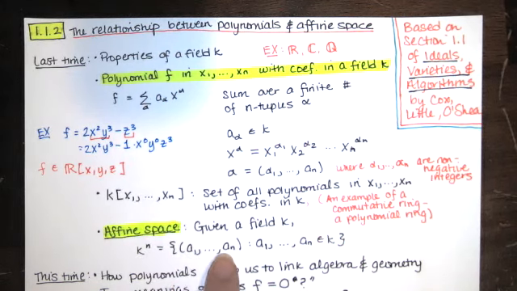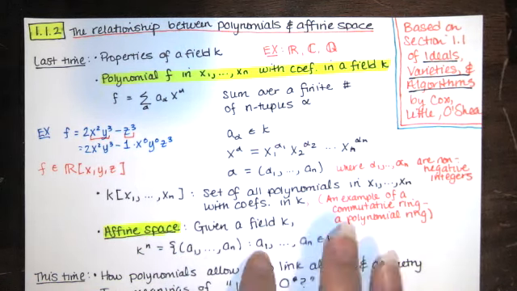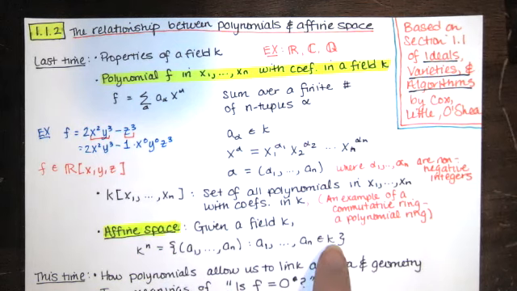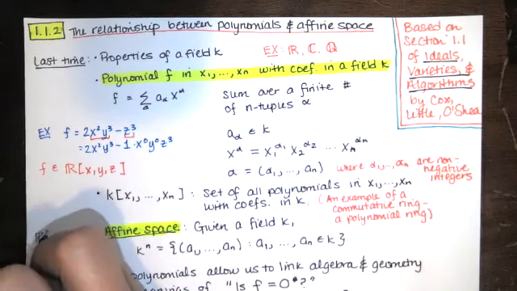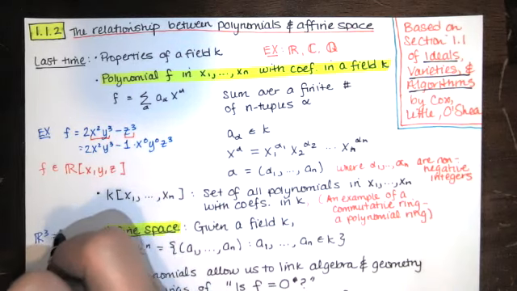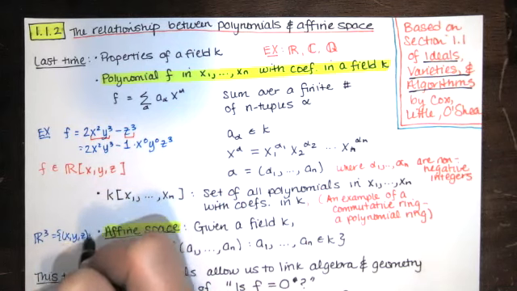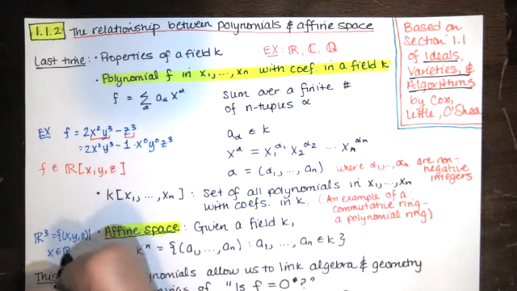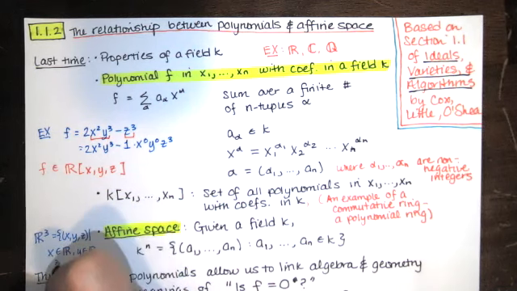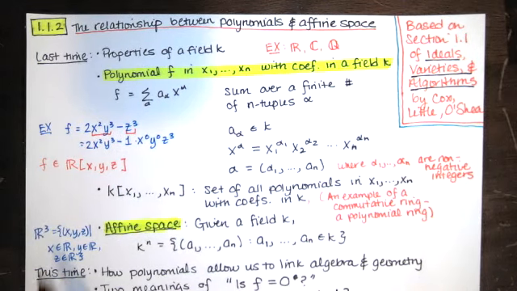And that is a set of n tuples where all of those n numbers, a sub 1, a sub 2, a sub 3, all the way through a sub n, are elements of K, or in other words, they belong to that field K. So if you have taken calculus 3 and you're familiar with R3, that is the set of all x, y, z such that x is a real number and y is a real number and z is a real number. That's an example of three-dimensional affine space for the particular field given by that R, the field of real numbers.